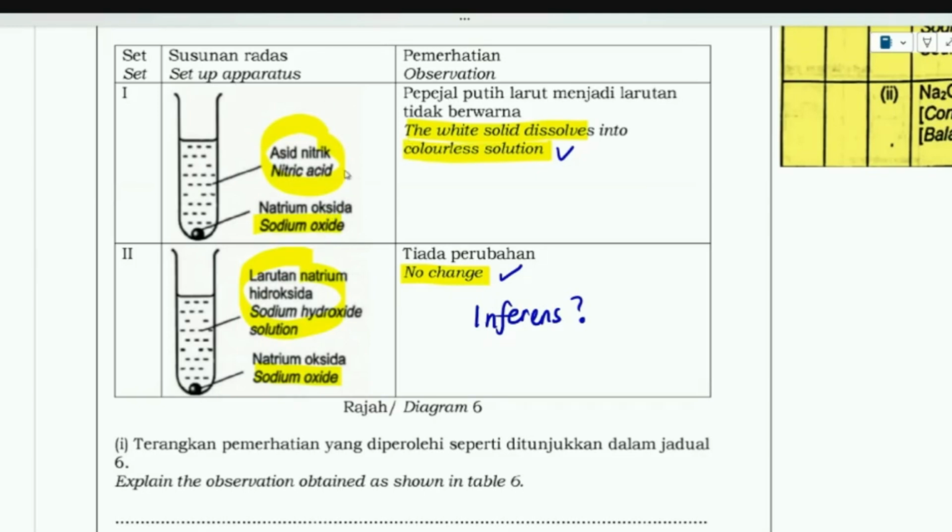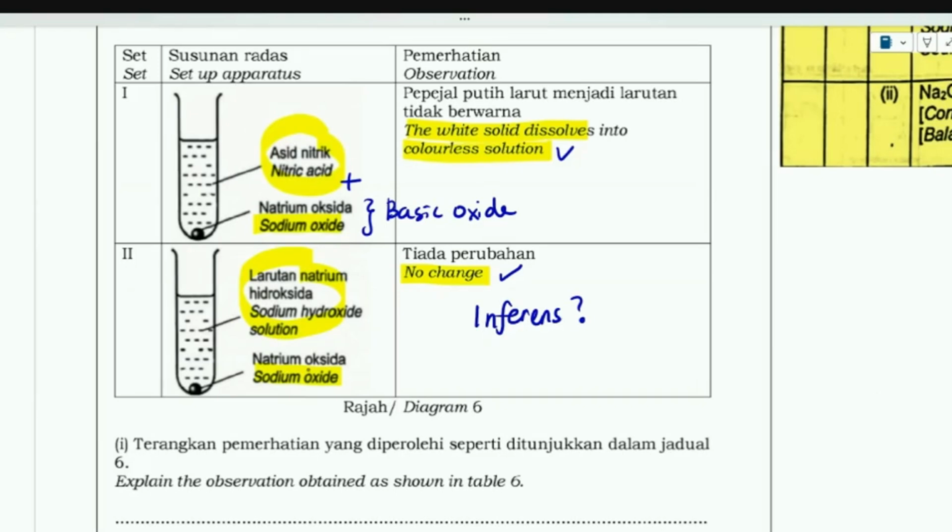Yes or no? Yes, right, there is a reaction. In other words, what is the property of sodium oxide? It must be alkaline, right? So this one is a basic oxide, no? Basic oxide, so it can react with acid to form the salt and water, right?